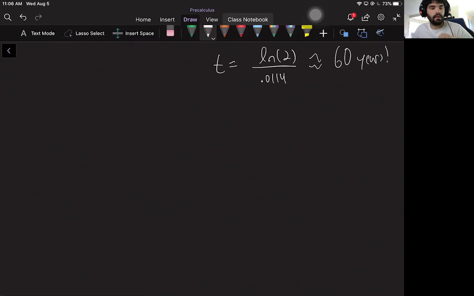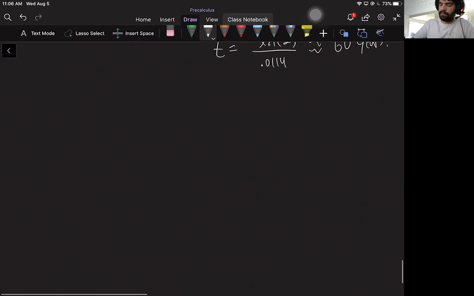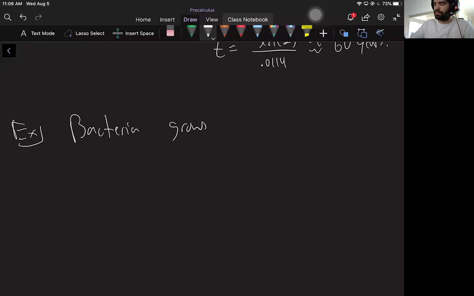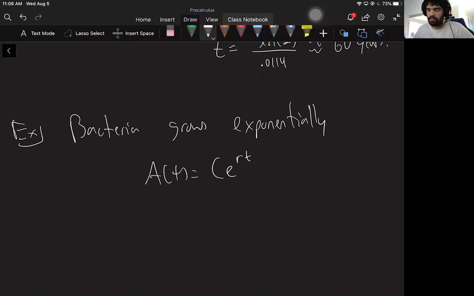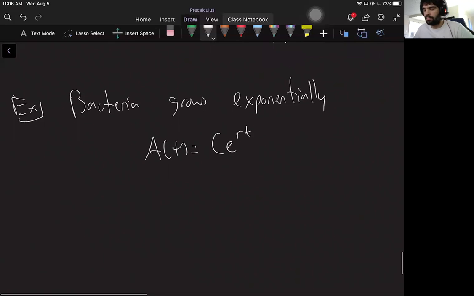So here is another one. What about bacteria growth? Bacteria also grows exponentially, which means, again, I can use this equation to model how much bacteria there is at various amounts of time. But in this problem, we are going to be given different information.